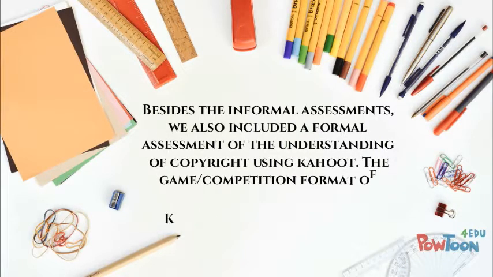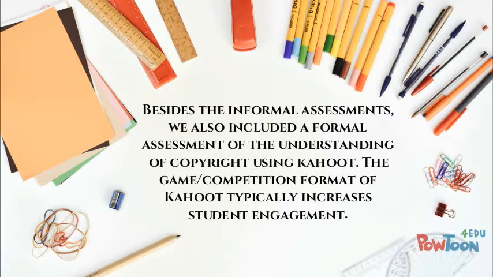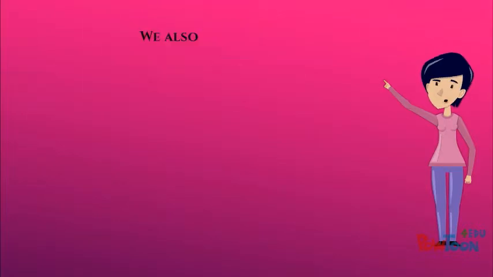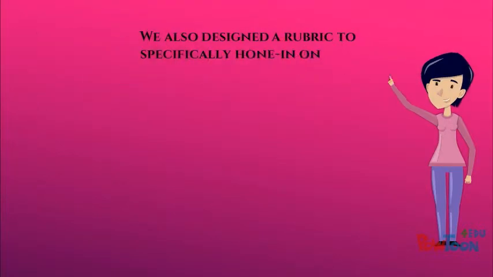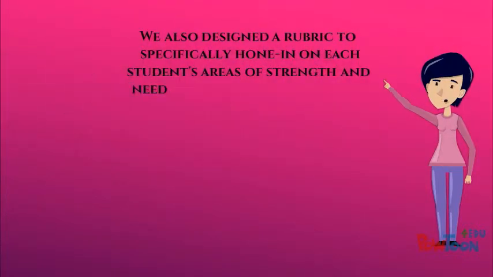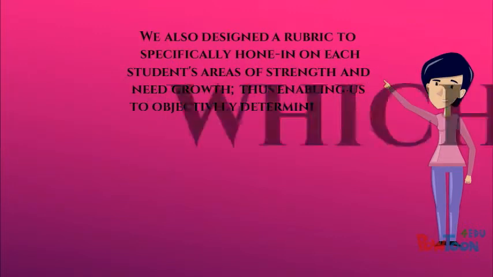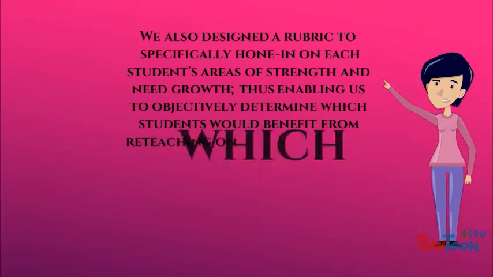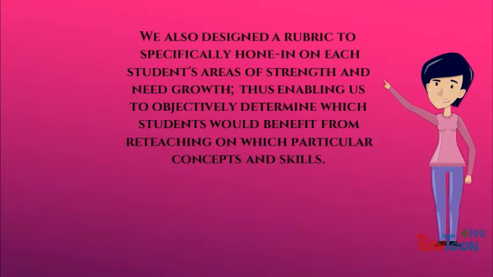The game competition format of Kahoot typically increases student engagement. We also designed a rubric to specifically hone in on each student's areas of strength and needed growth, thus enabling us to objectively determine which students would benefit from reteaching on which particular concepts and skills.